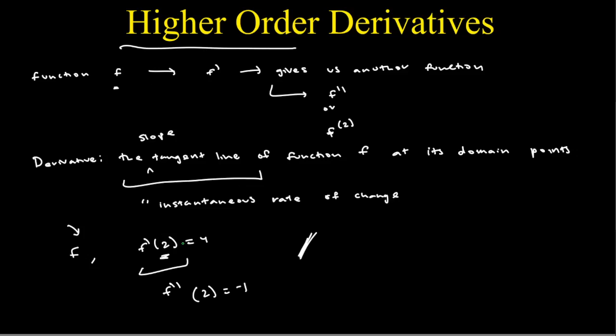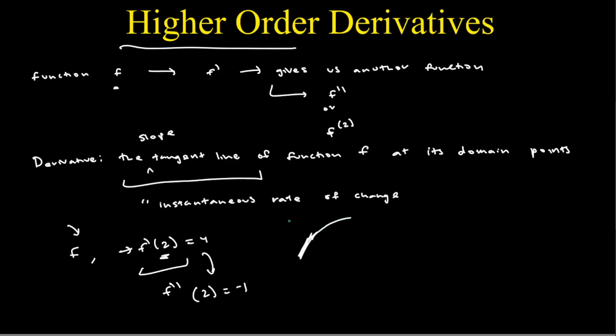But we also know that the rate of change of our rate of change function, so this is our rate of change function, its rate of change is -1. So the rate at which f is growing is getting smaller and smaller. So essentially what it means is as we go to maybe 3, f prime of 3 might be a little less than 4, or around a little less than 3. So our function f is still growing, but if our rate of change is becoming smaller and smaller, it might look like this, right?